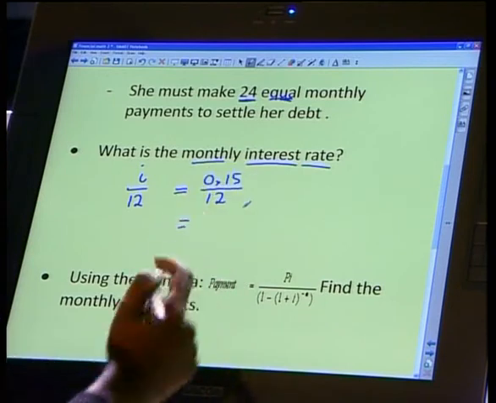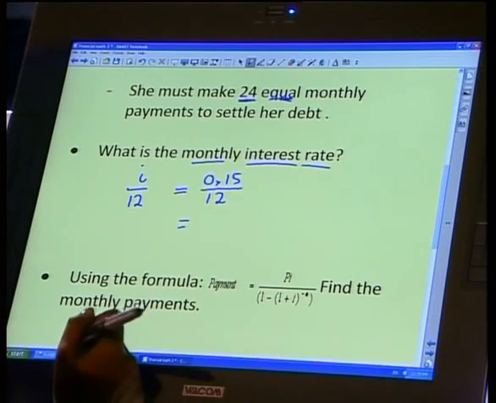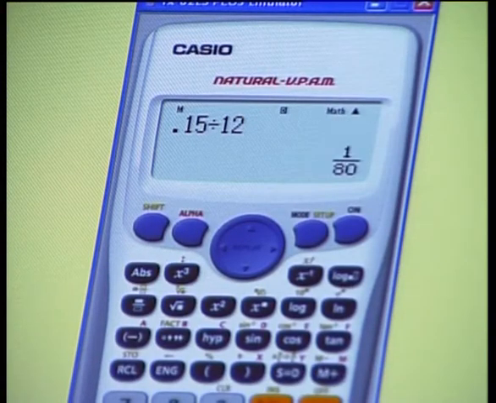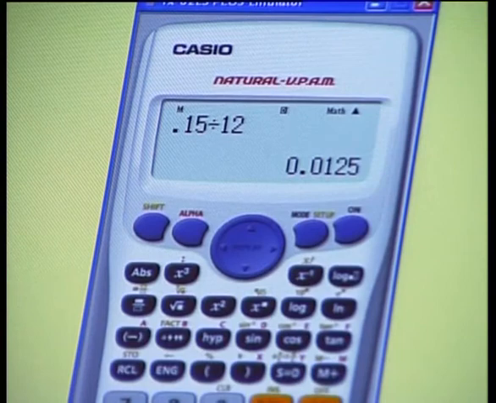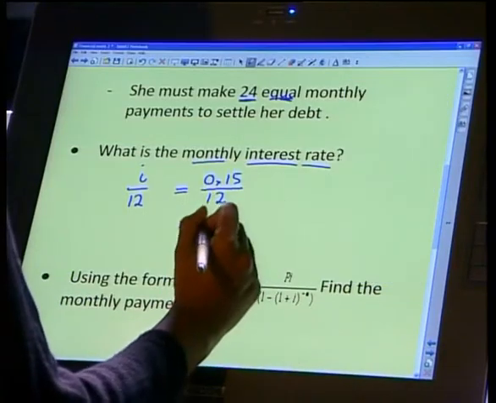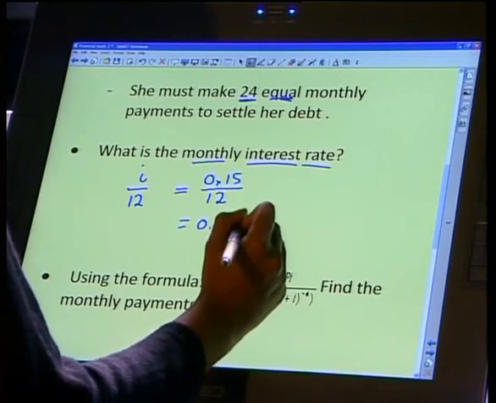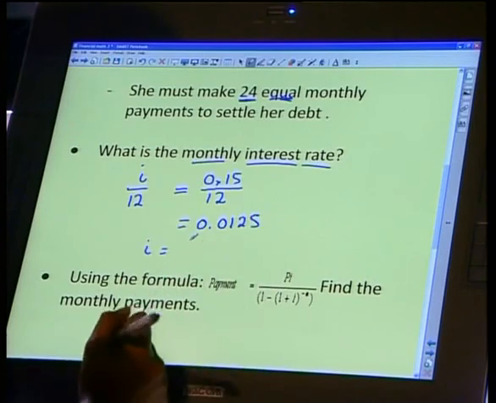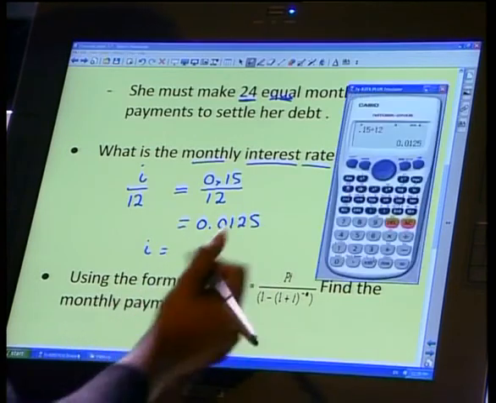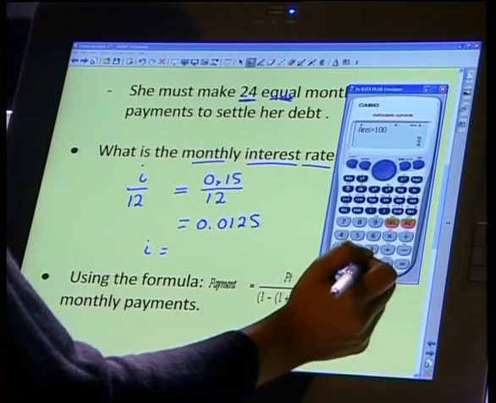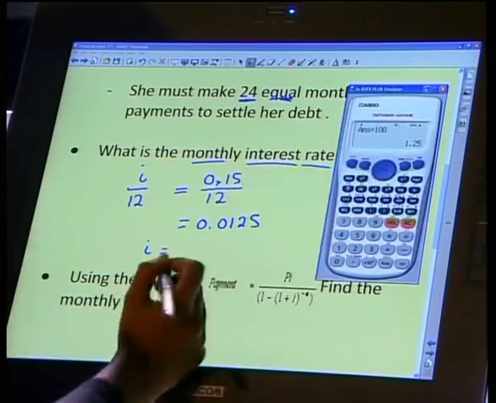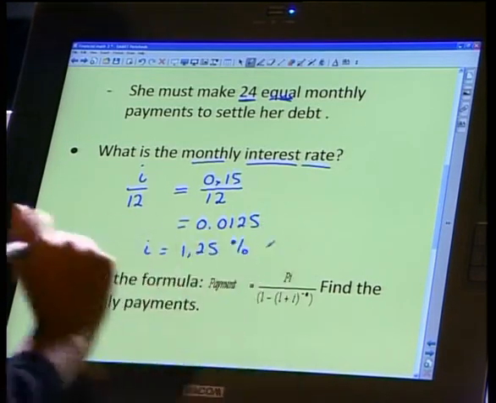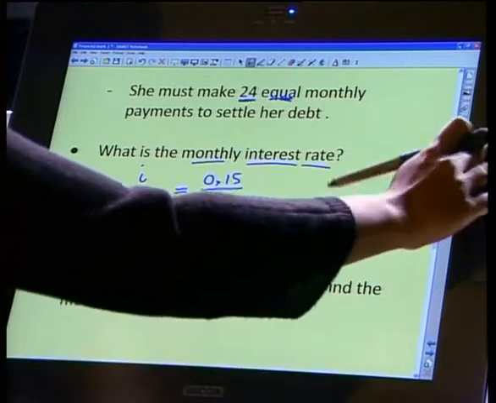So 0.15 divided by 12 will give us an answer of 0.0125. If we want to, we can write this in percentage form by timesing that by 100. So if you times by 100, you will get an answer of 1.25%. So that is the monthly interest rate, 1.25% or 0.0125.